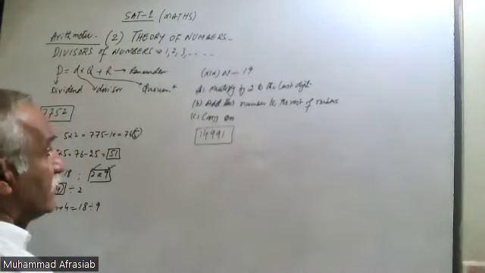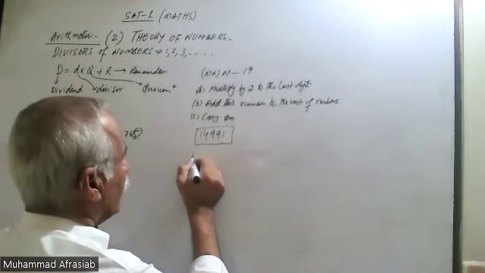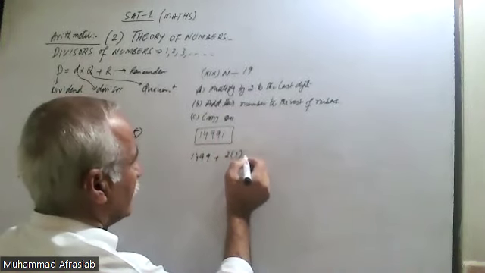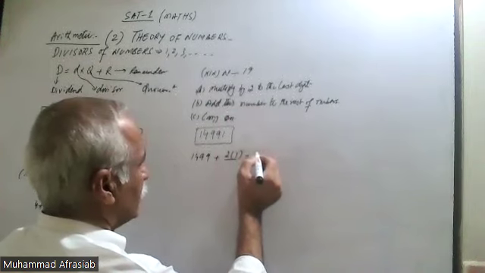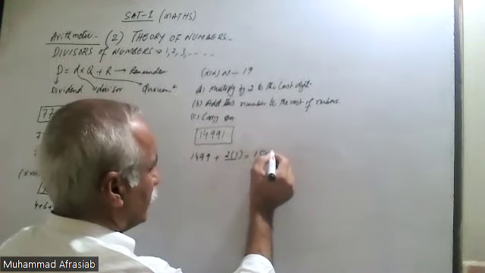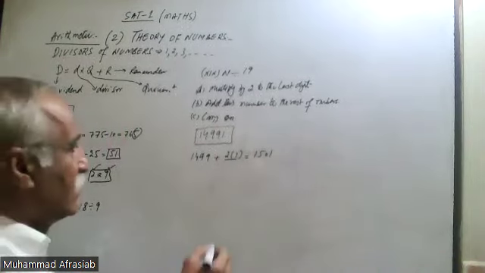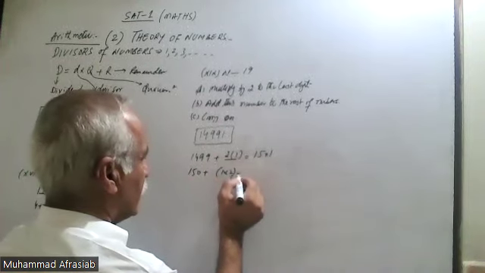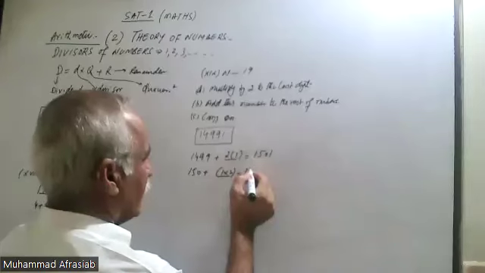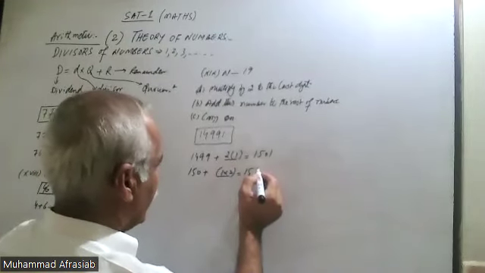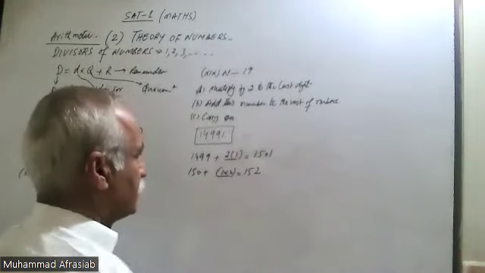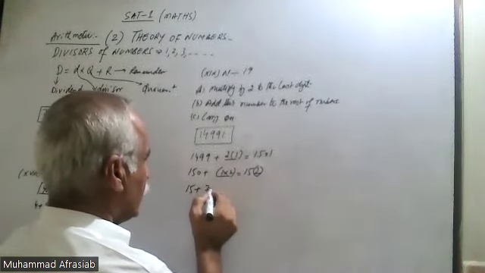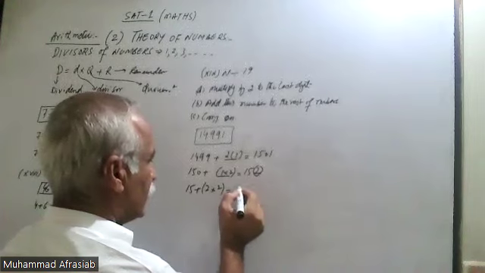Then this number will be, as is, 15 plus 2 into 2, that is equal to 19.